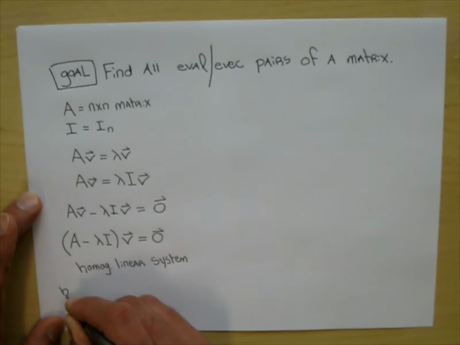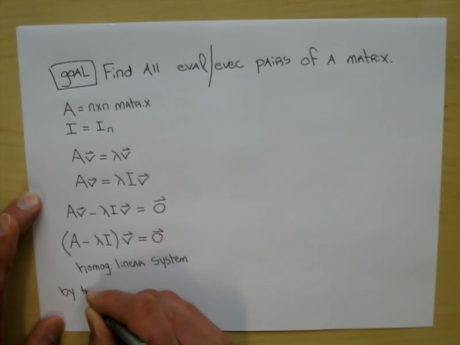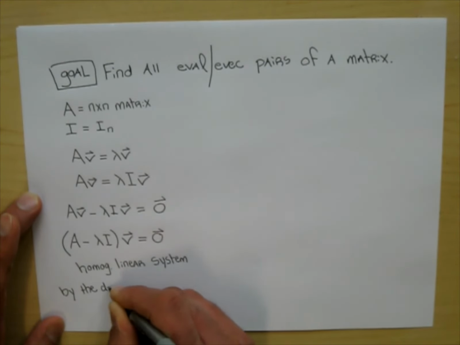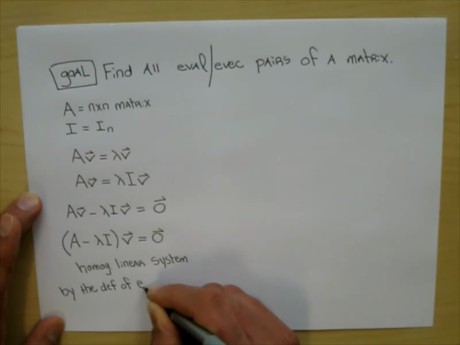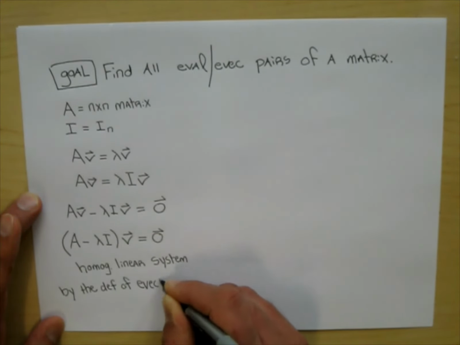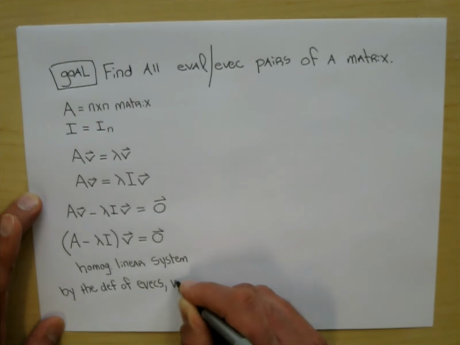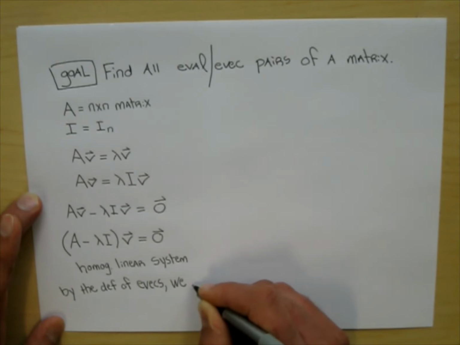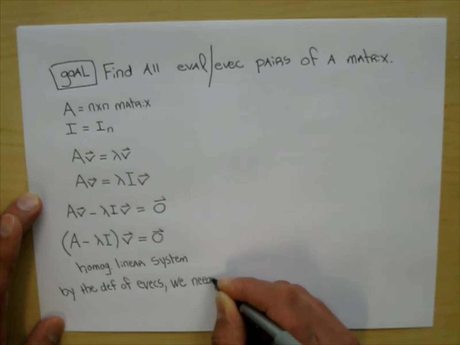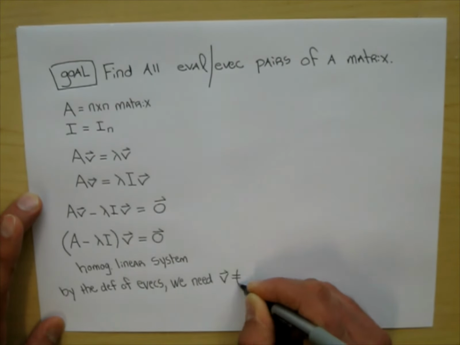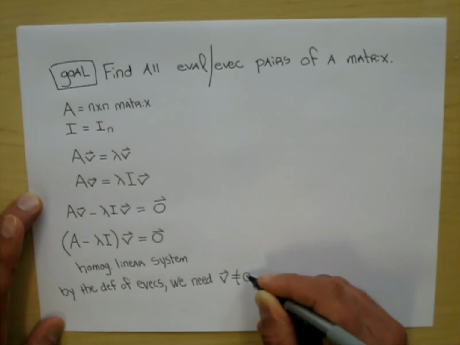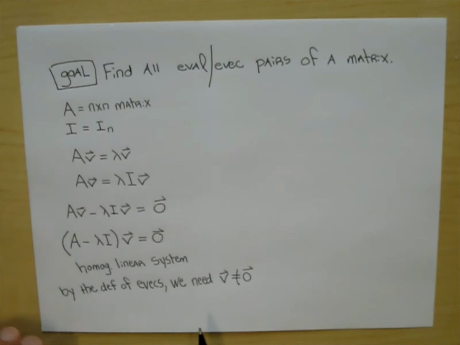But by the definition of eigenvectors, we want or need that vector v not to be the zero vector. Okay, remember what happened? We went through that example and we saw the definition.